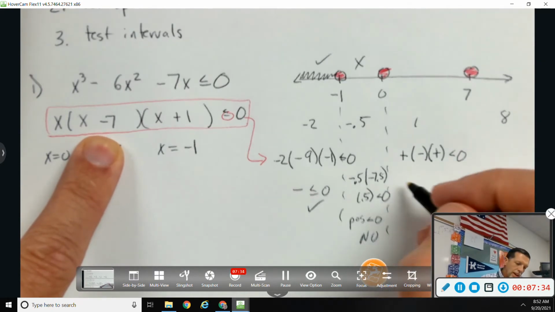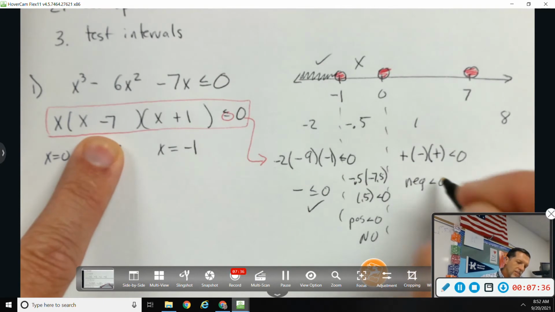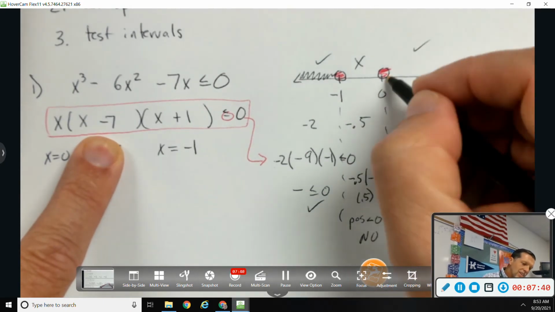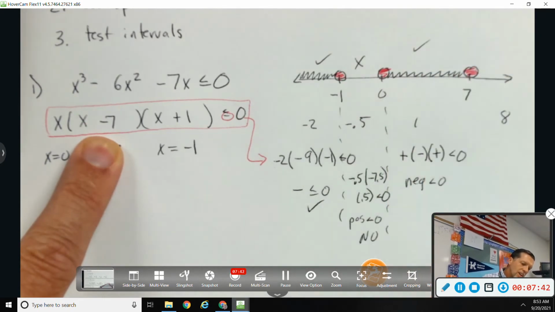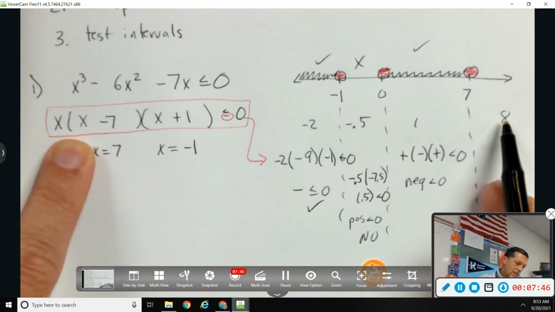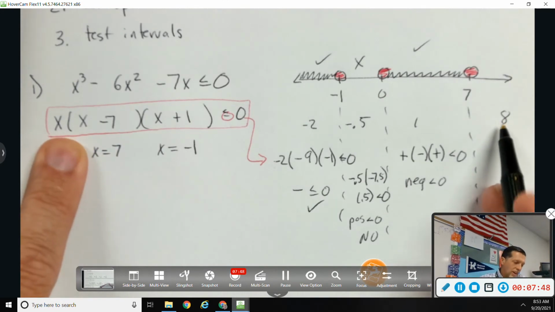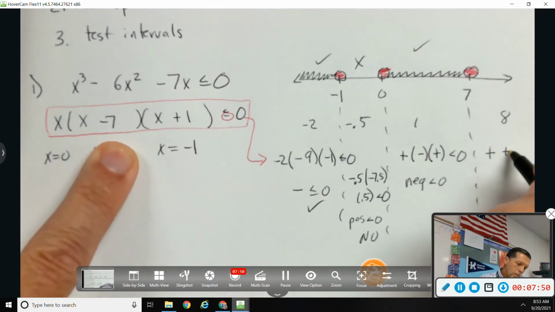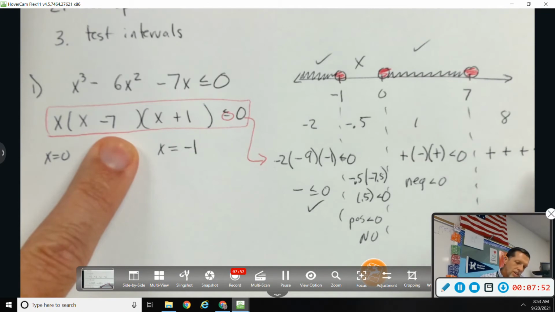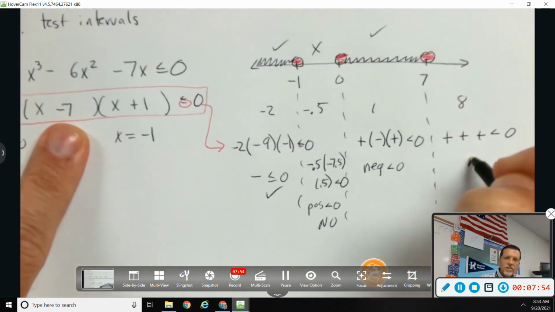That would be a negative. Is a negative less than 0? Yes. So we'll shade there. And then if I check 8, again, all I care about is the positive, negative stuff. So positive, positive, positive, less than 0? No, that doesn't make sense.